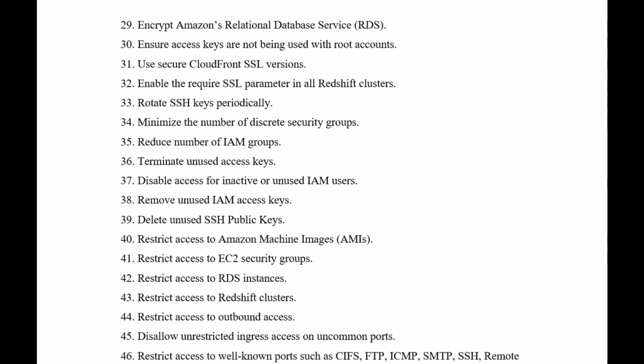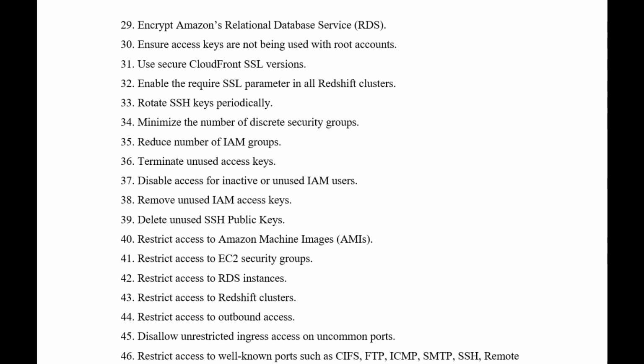And also restrict access to EC2 security groups, restrict access to RDS instances, restrict access to Redshift clusters, disallow unrestricted ingress access on uncommon ports. It's again a thing that we should follow when it comes to ingress, so inbound access.